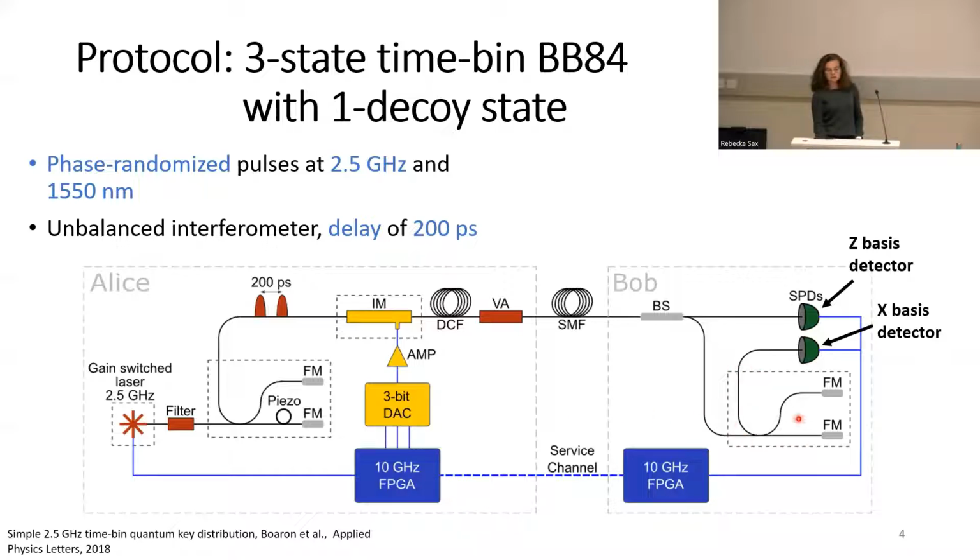Here we will have interference of the central interference peak, and the phase is set between Alice and Bob such that we will have destructive interference in the X basis detector. Alice and Bob are controlled with FPGAs, and they are linked via a service channel.